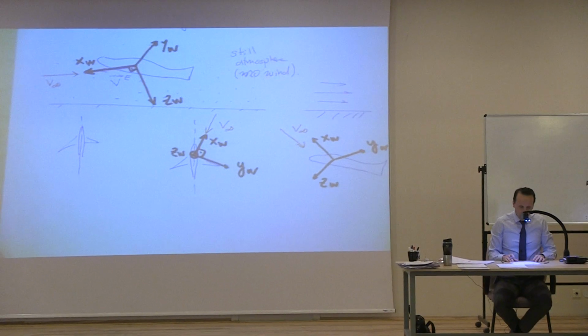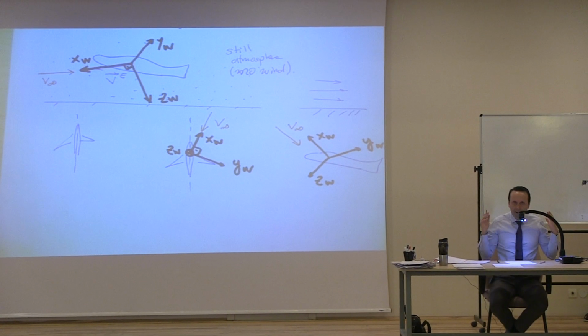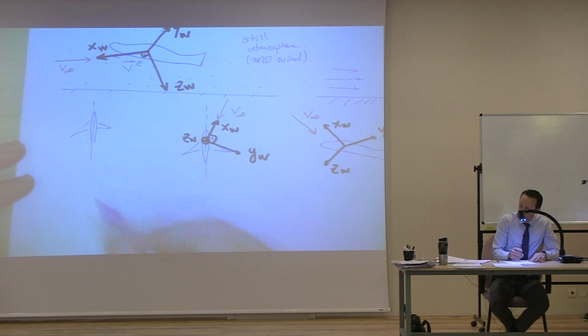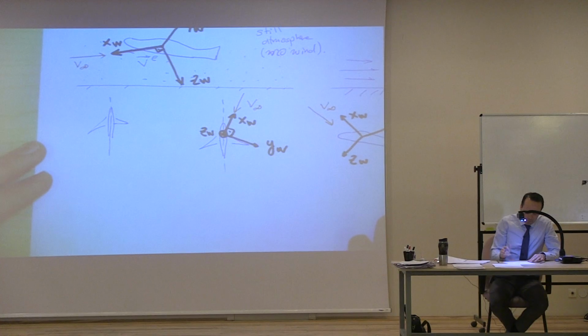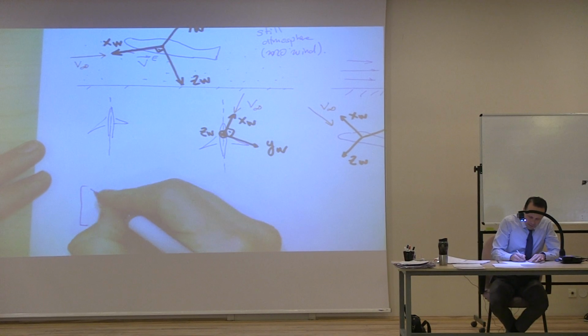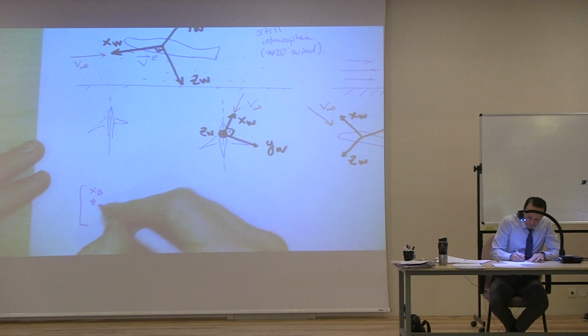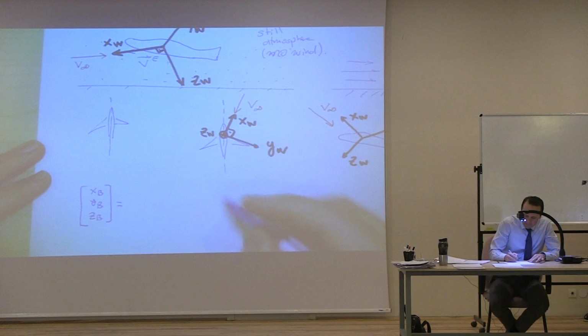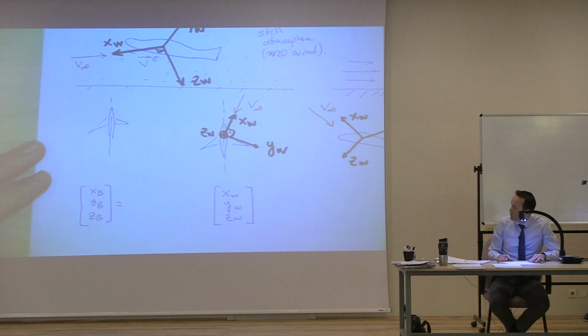Okay, so what do we want to do? We want to take a vector, any vector, and we would like to transform it from the wind axis system to the body fixed coordinate system. So what am I proposing? I'm proposing, let's find a vector written in the body fixed coordinate system, but I'm looking for the transformation matrix from a vector that was originally written in the wind fixed coordinate system.